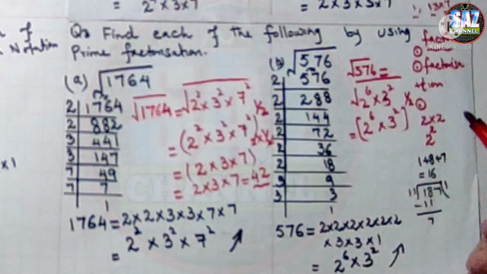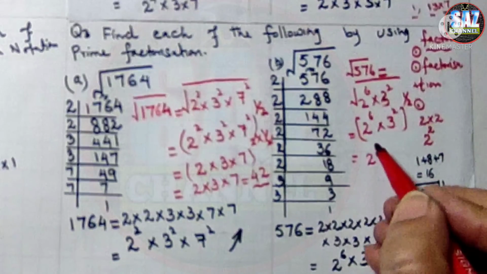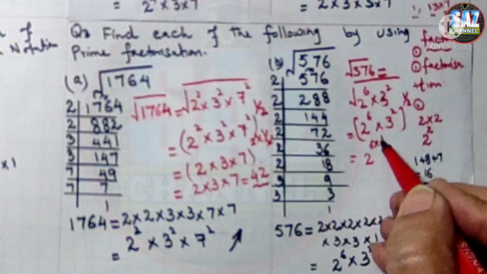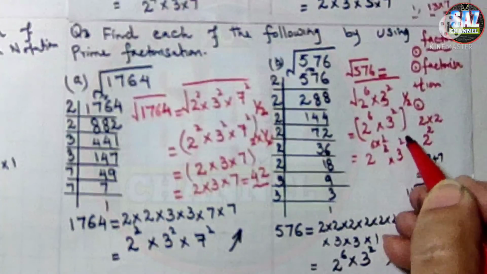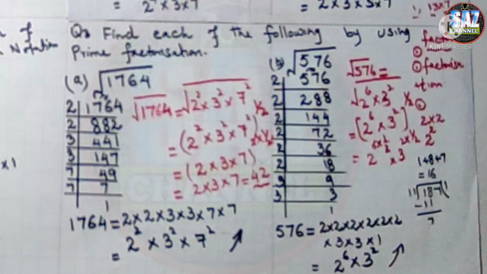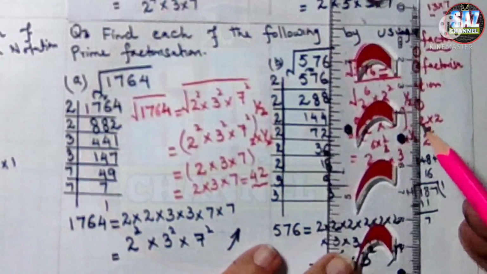Now we can take this power 1 by 2 of every number inside the bracket.